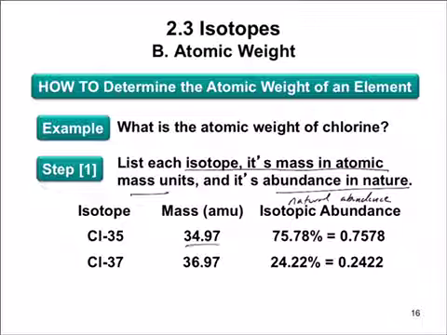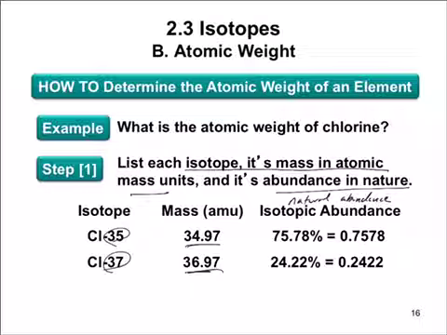Now, these masses in AMUs are not exactly the same as their mass numbers. Okay, you notice they're close. Don't worry about it. Mass numbers would be given to you as well as isotopic abundances to find the atomic mass.